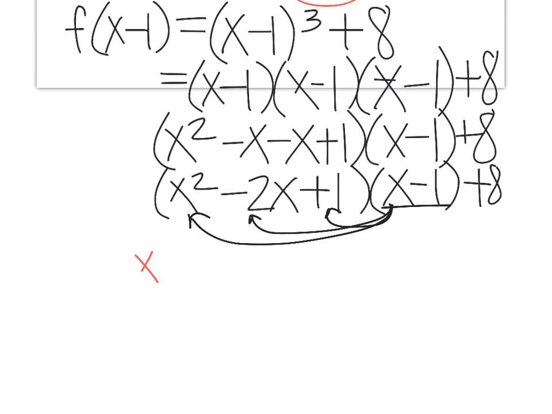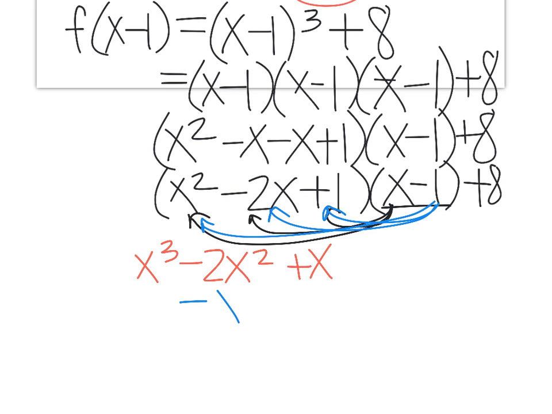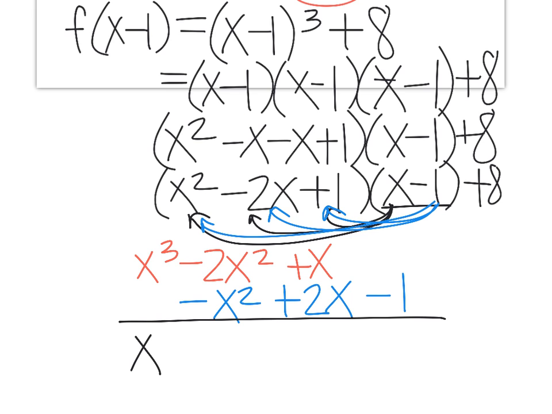So we get x to the third minus 2x squared plus x, then -1 times every term. So we get negative x squared plus 2x minus 1. Then combine like terms: x to the third minus 3x squared plus 3x minus 1.